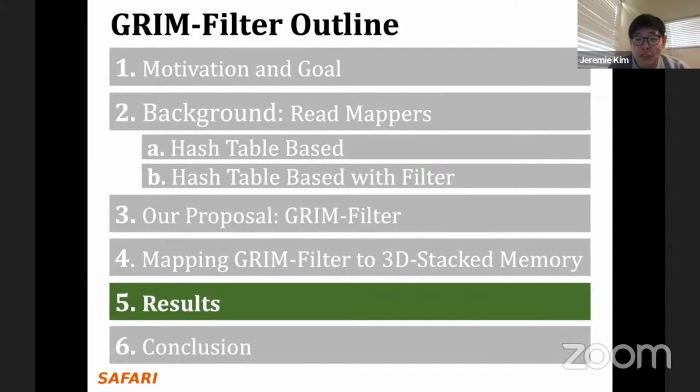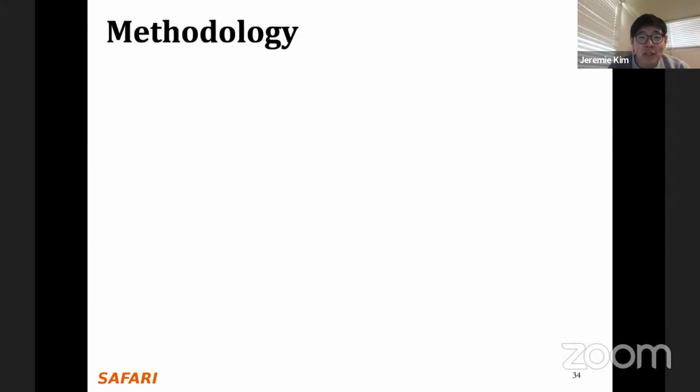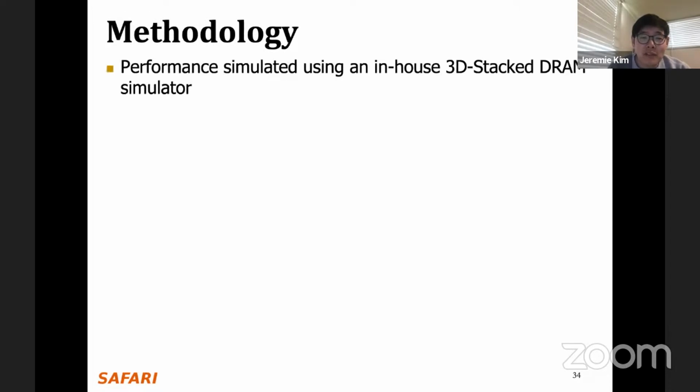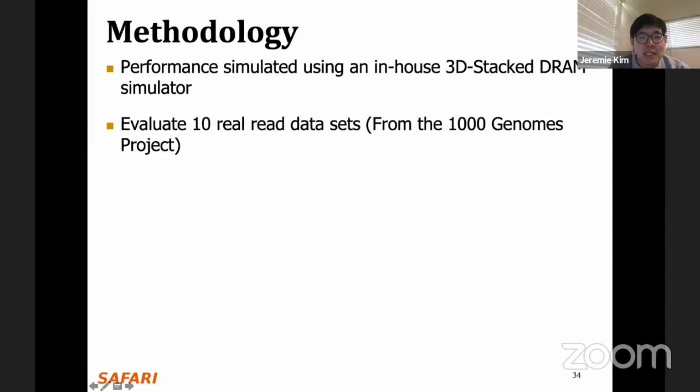So now let's get into the results. To gather our results, we did performance simulation using an in-house 3D stack DRAM simulator, and we evaluate 10 real read data sets, which is from the 1,000 Genomes project.